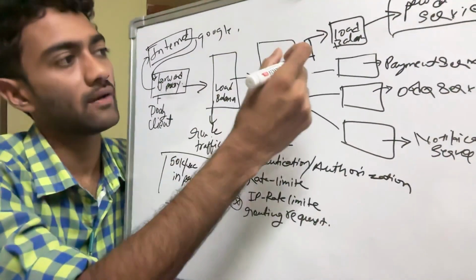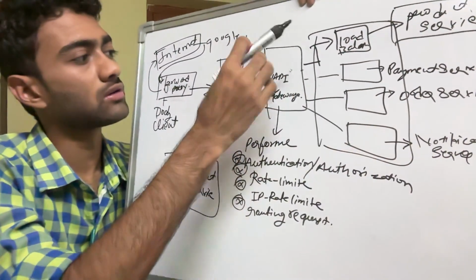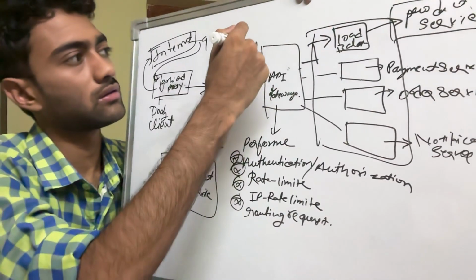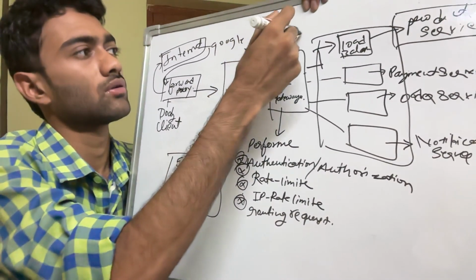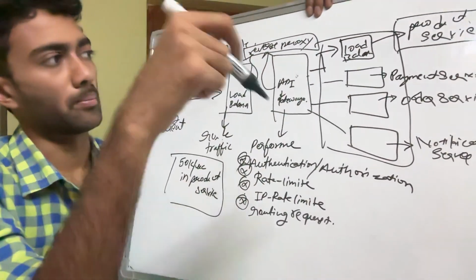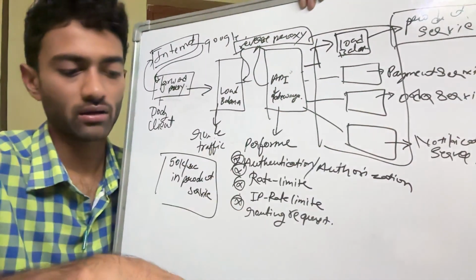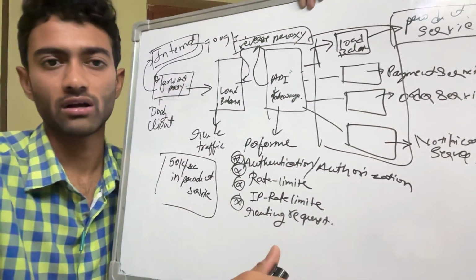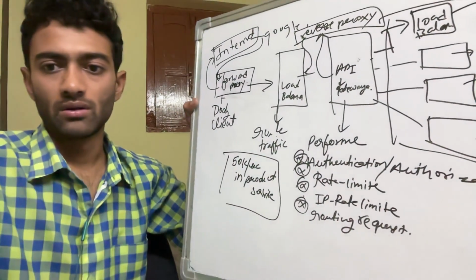For example, if I have to protect all of these systems, I will use a reverse proxy in this region. So this will help protect the server from large scale DDoS attacks and termination.